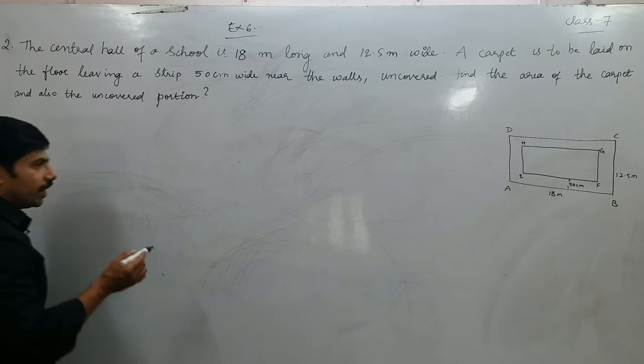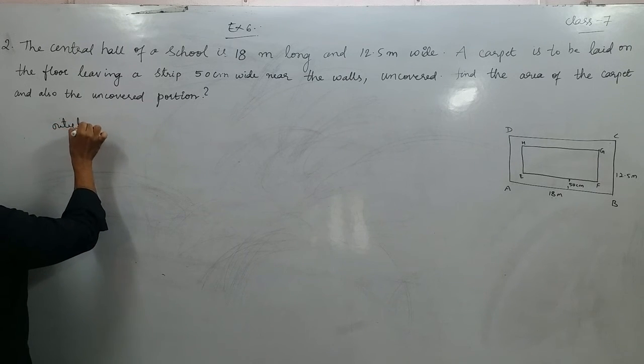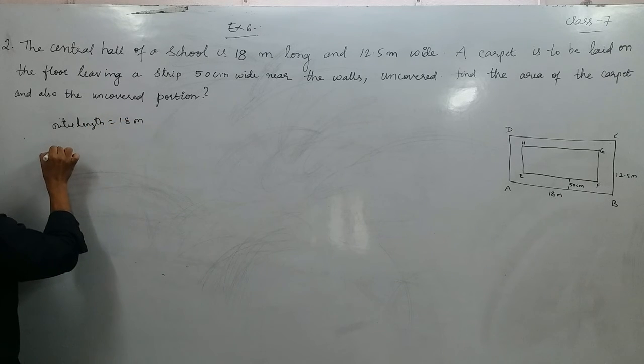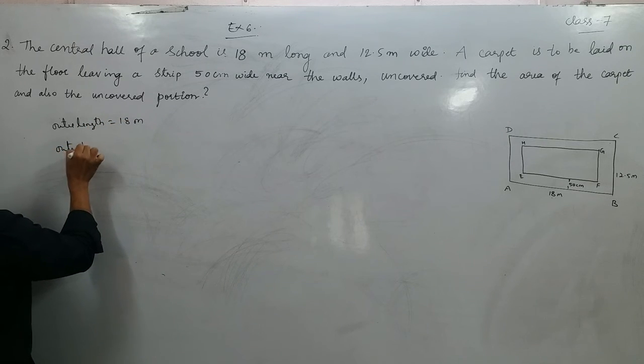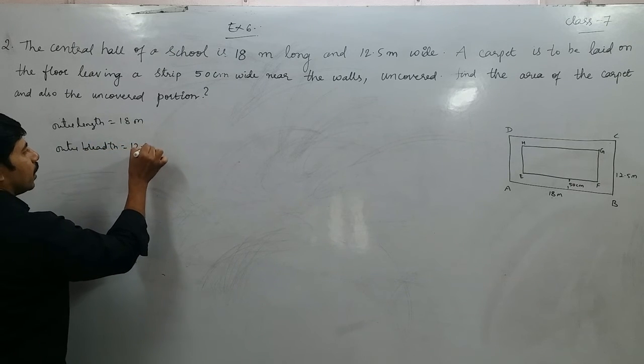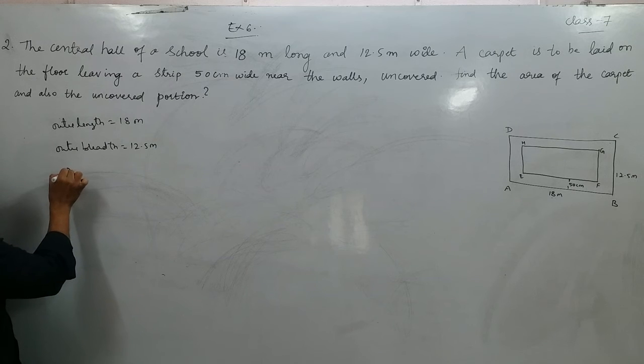So I'll find out the area of hall. So that means outer length is 18 meters, then outer breadth is 12.5 meters. So we have to find out the outer area.